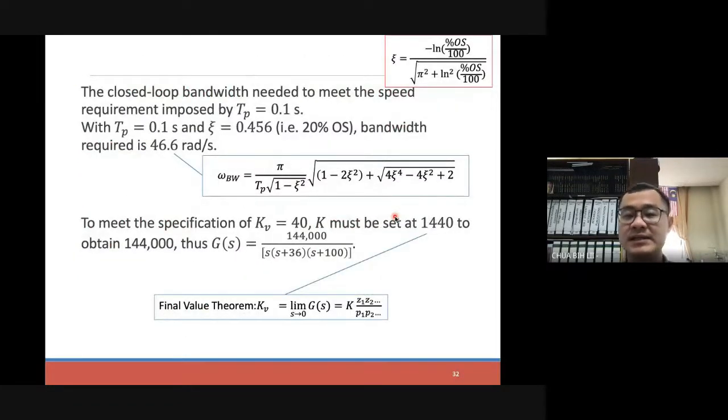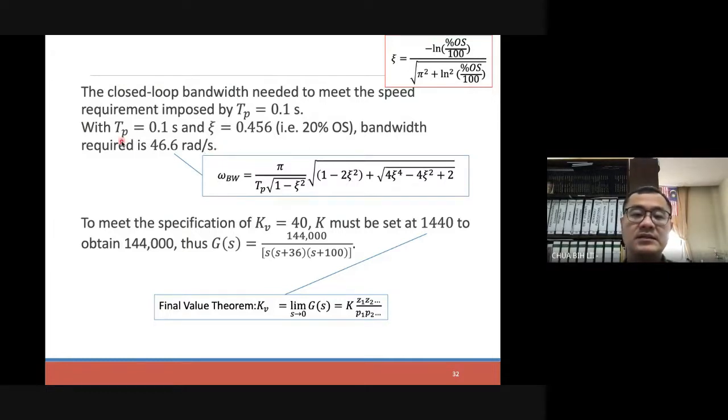As I mentioned earlier in this lecture, we try to relate all those things. How we can relate them is through the bandwidth frequency. The closed loop bandwidth needed to meet the speed requirement of peak time 0.1 second is given by this formula or relationship.